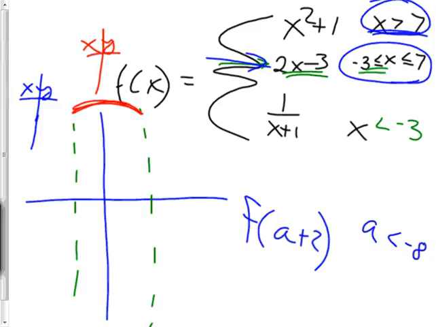Okay, so some thoughts. As soon as I said a is less than negative 8, I could put a number less than negative 8. Remember that strategy? You pick a number for a that kind of fits. So give me a number that's less than negative 8. Negative 9. Okay. If I put in a negative 9 or a negative 10 or something right there, do you get that I will end up doing f of x where x is a number like negative 7? See what I mean?